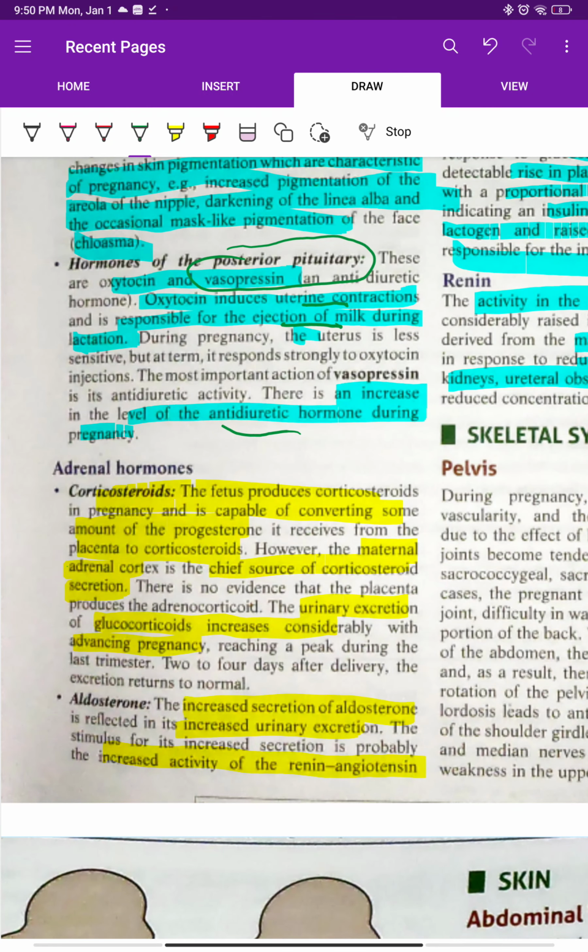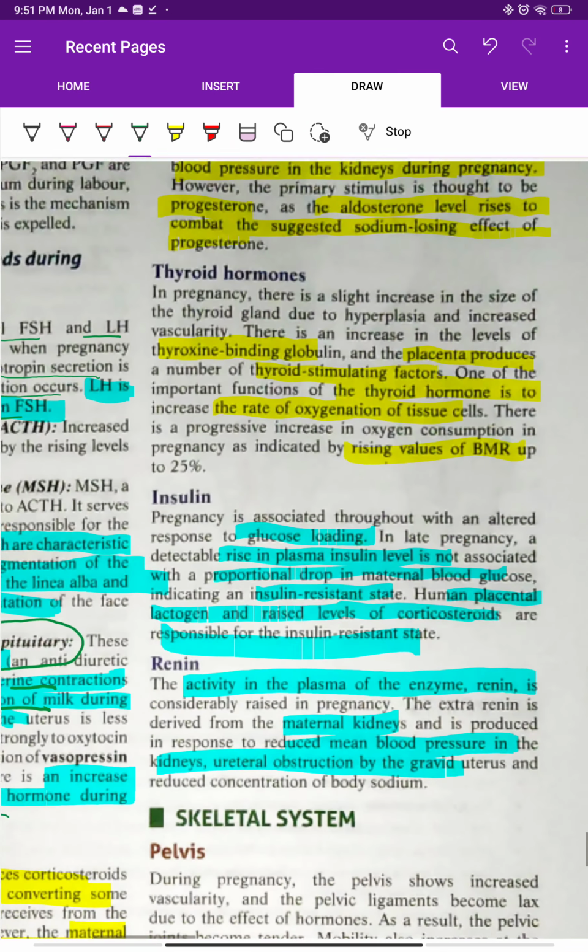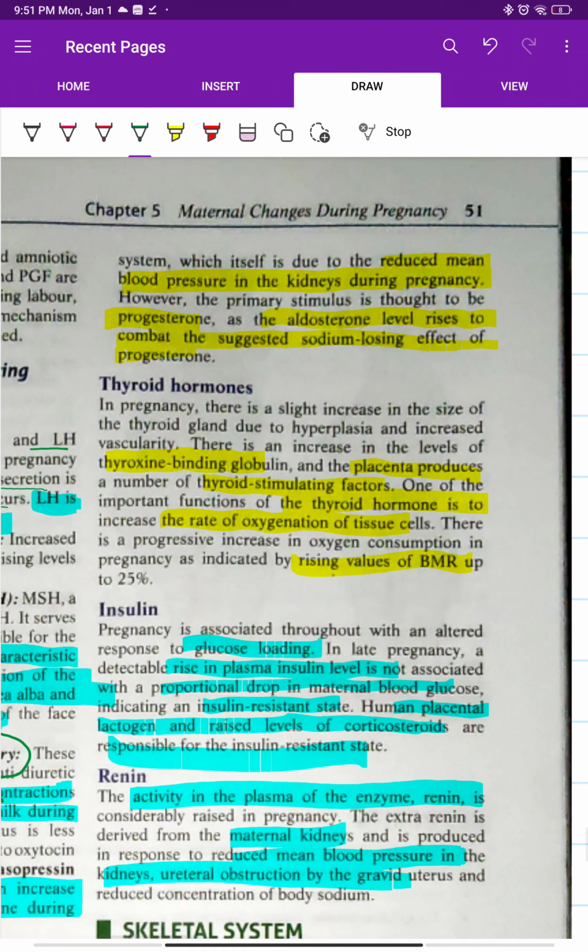So corticosteroids, as we know, are produced in the placenta and converted into progesterone. And aldosterone, along with maternal renin, there is stimulation of the renin angiotensin mechanism. So therefore aldosterone secretion is increased.